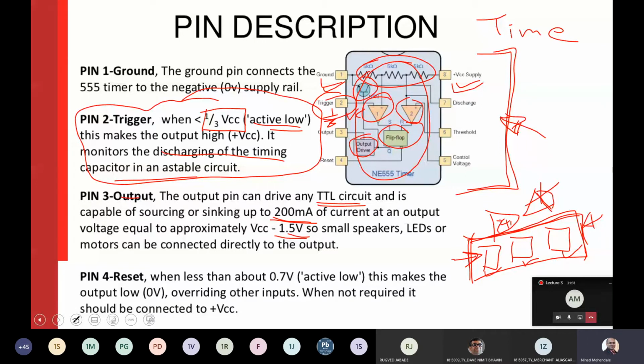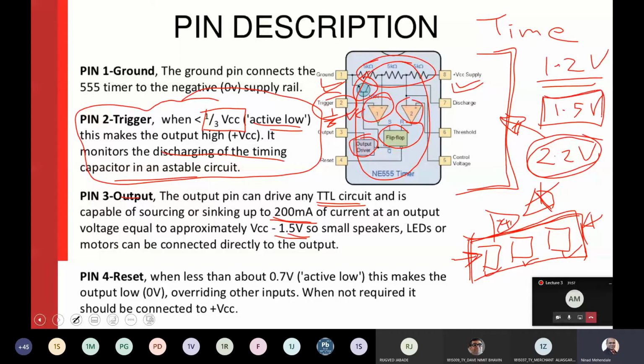So 1.2 volts is also considered as logic 1 if the battery is 1.5 volt. Typically, I told you the limit is 2.2. Anything above 2.2 volt is always logic 1. But if your supply voltage is not 5 volts, and you are applying two batteries of 1.5 volt in series, then 1.8 becomes the critical voltage.